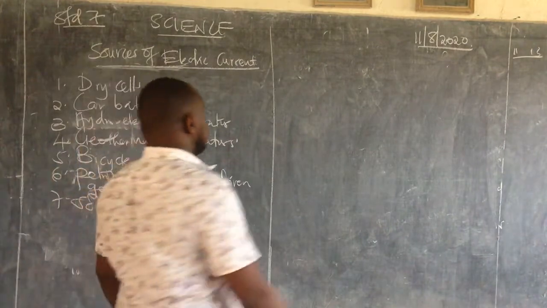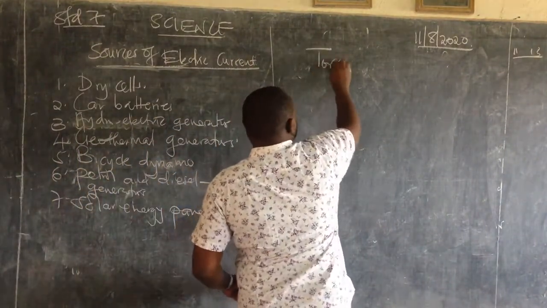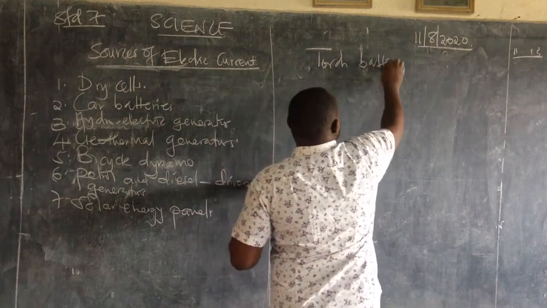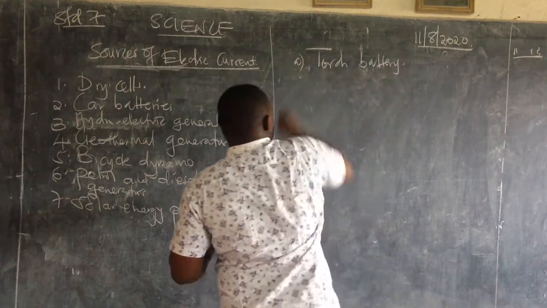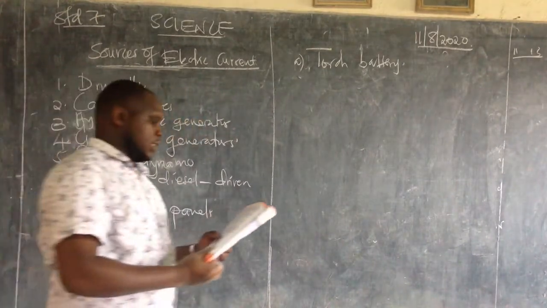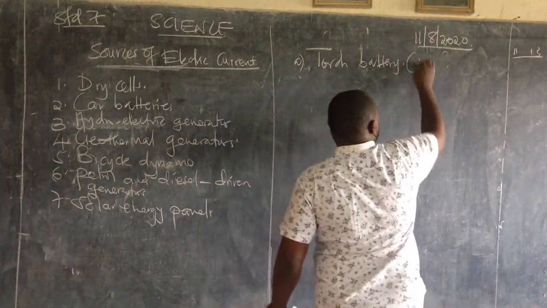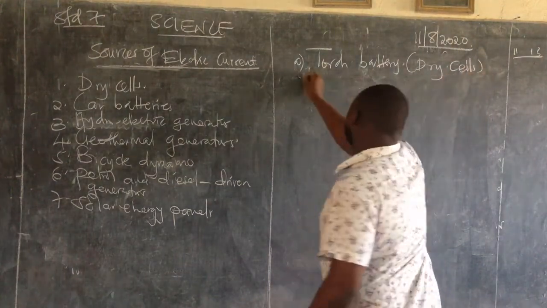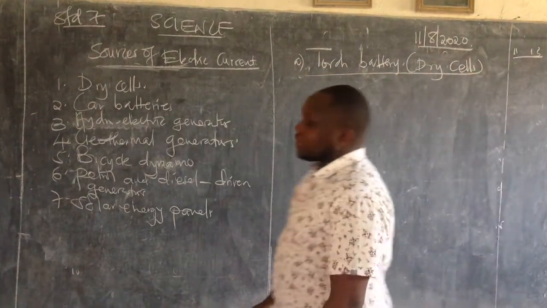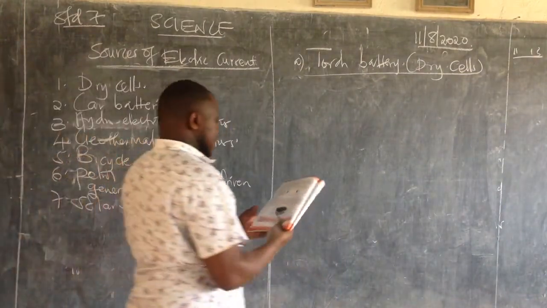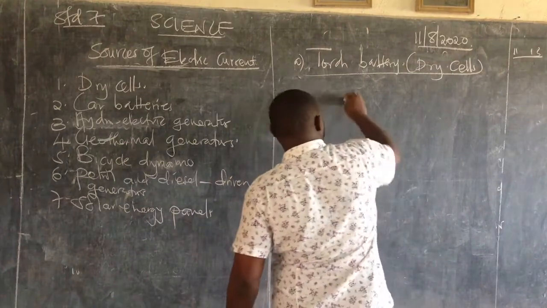So we start with the torch batteries. That is number one. We are saying this is a source of current electricity. They are popularly known as dry cells. So we want to understand what a dry cell is. So I want to draw one here.